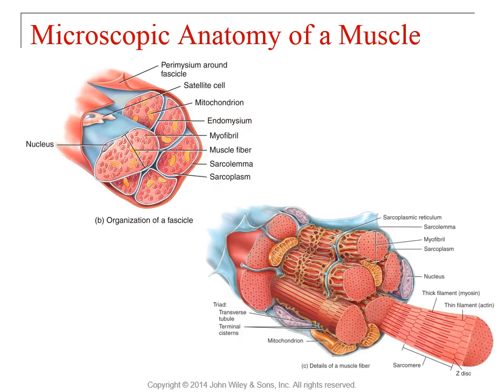So look at some specific structures of the actual muscle cell. As I mentioned before, there's the perimysium around the fascicle. You have satellite cells that help nourish the individual muscle fibers. Of course, surrounding each muscle fiber, you have the endomysium. You see a couple of nuclei that kind of get pushed out to the side as the majority of the cytoplasm, or the sarcoplasm in this case of the muscle cell, is going to be packed with contractile proteins. You also see a lot of different structures such as mitochondria.